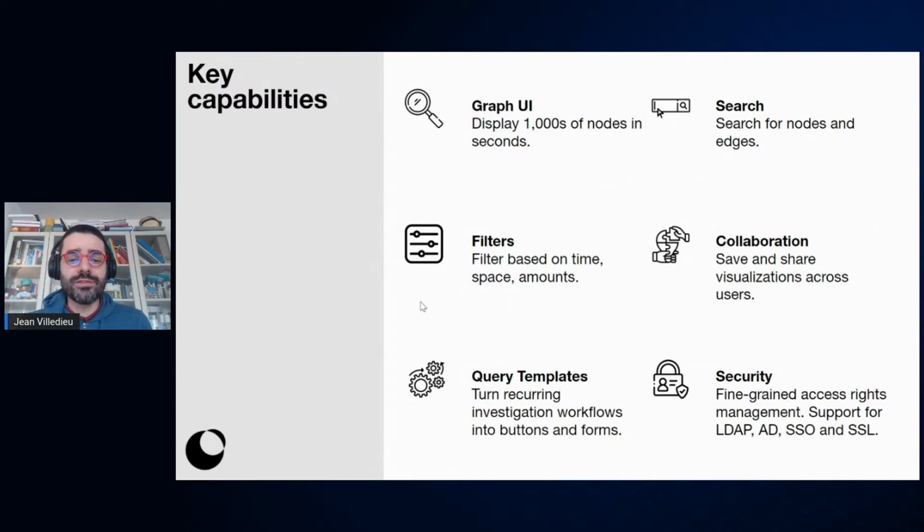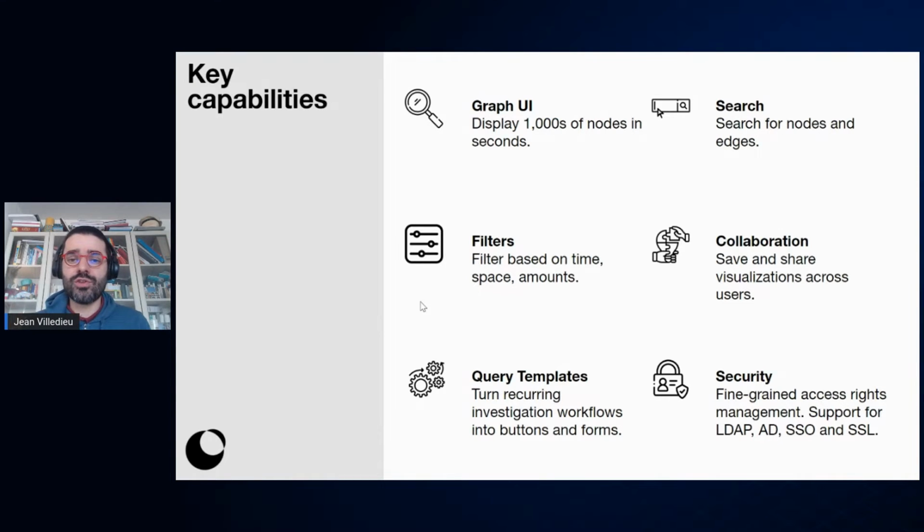So here are some of the key capabilities of Linkurious Enterprise. First, there's the Graph UI, which is powered by Ogma, our JavaScript graph visualization library. It leverages WebGL to make it possible to display and interact with thousands of nodes on the screen at the same time.